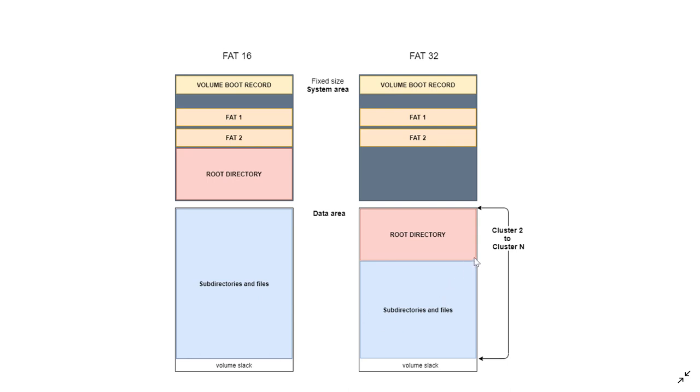In both file systems, the clustering starts from 2, and if the cluster size is not well aligned with the volume size, then there will be a volume slack at the end of the formatted volume. That would mean that there will be several sectors that are not used by the file system but still exist on this partition.